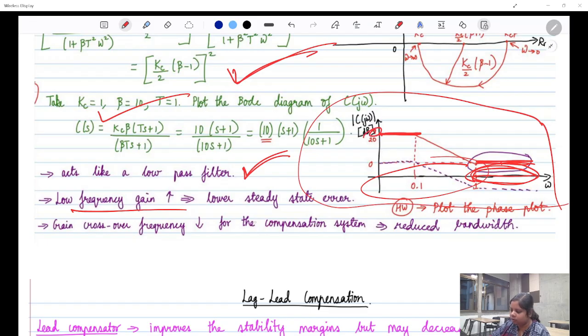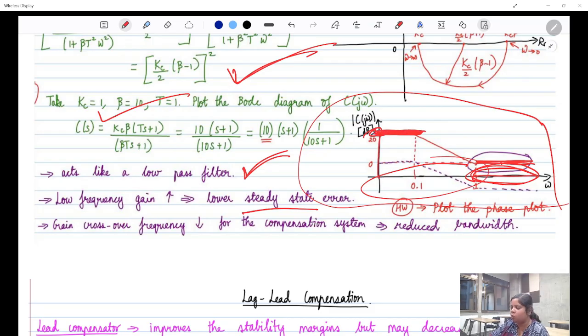It has a low steady state error, because the low frequency gain, which is at this point, is really high.